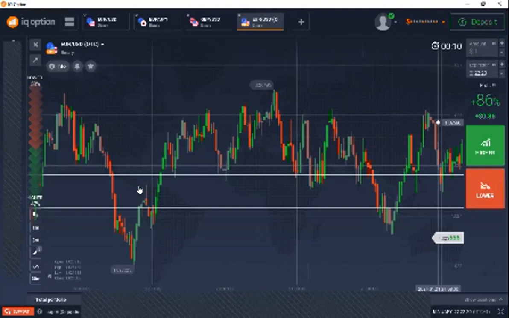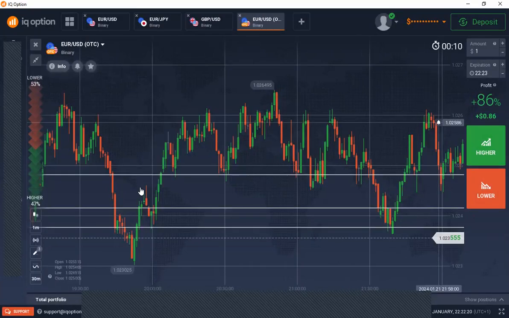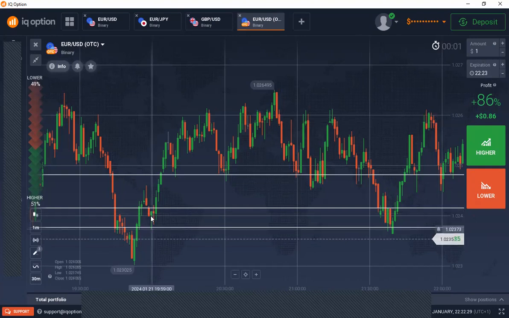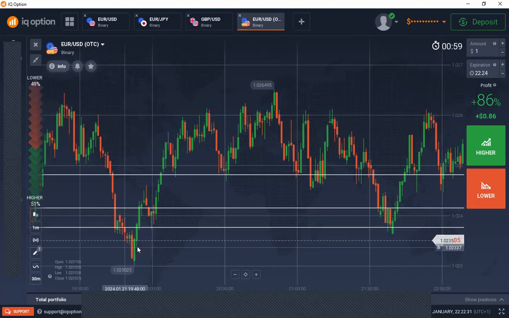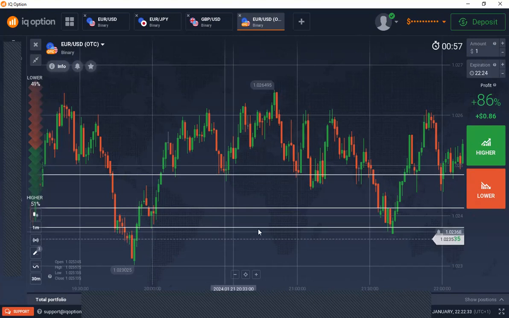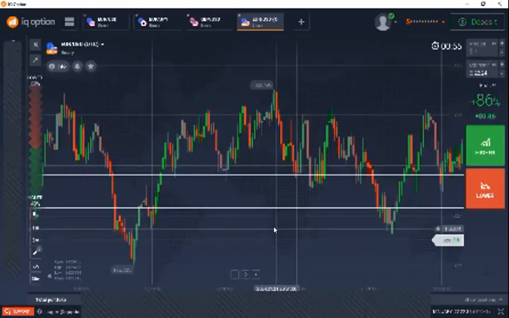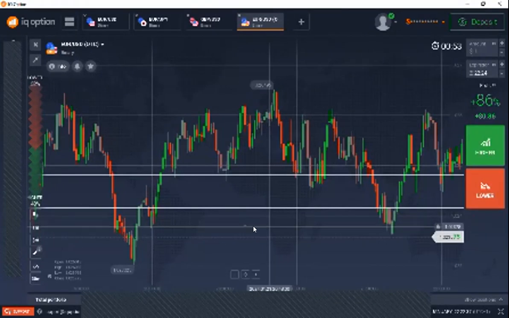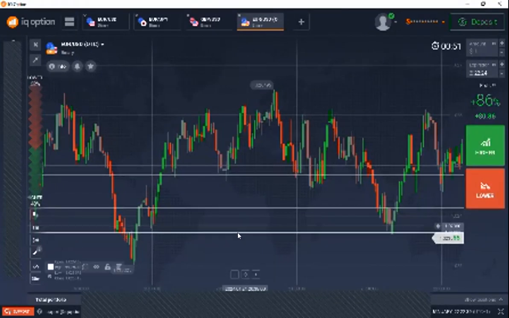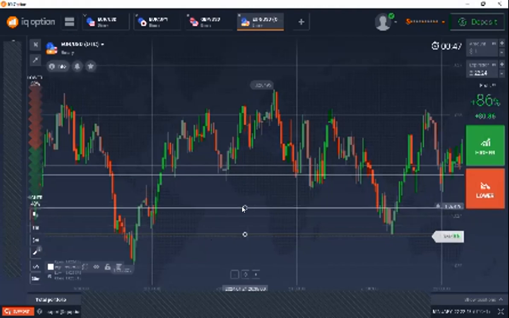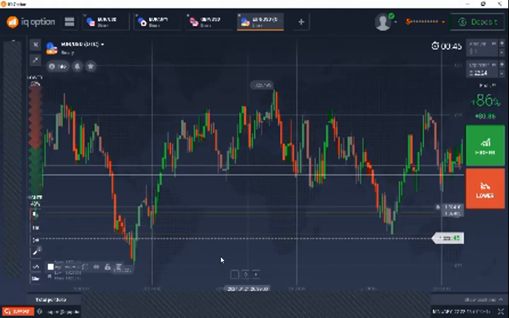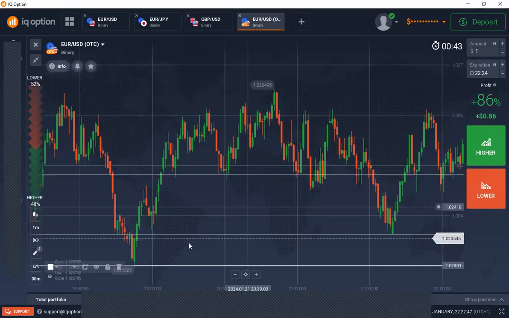But if I want to take trade in this kind of situation, we have two external levels to take the trade. This is the first one, then the second one is here, which means either the market reverses from any of those levels, and then we execute the trade.